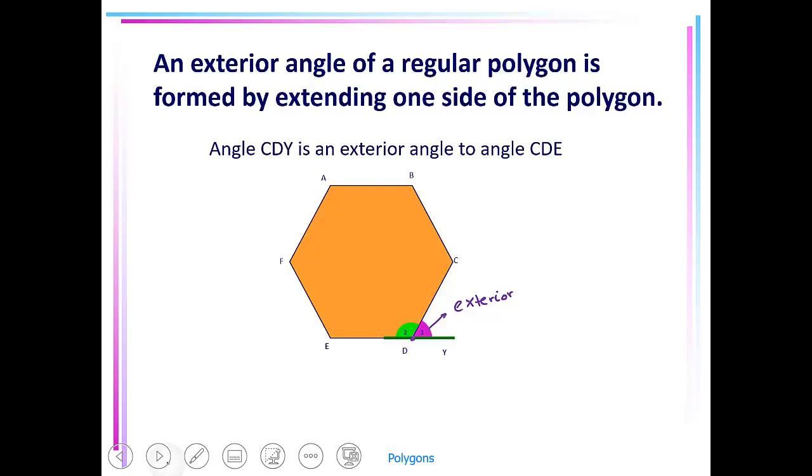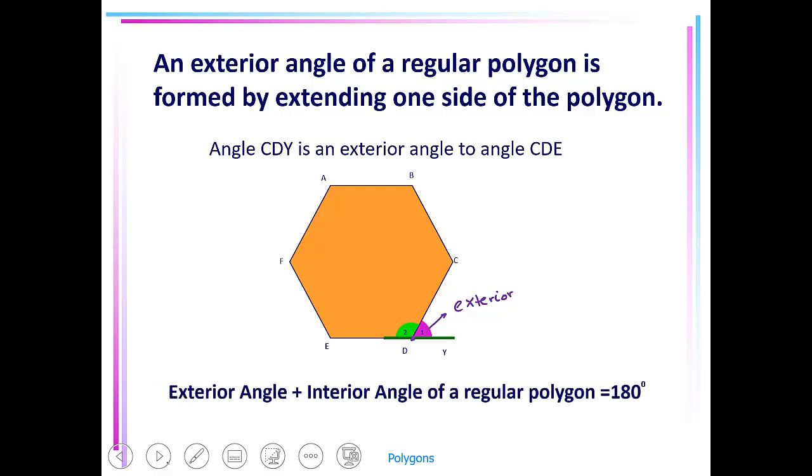So from this I can conclude that an exterior angle plus an interior angle is equal to 180 degrees. So again, an exterior angle and an interior angle, if I sum them together, give me 180 degrees.